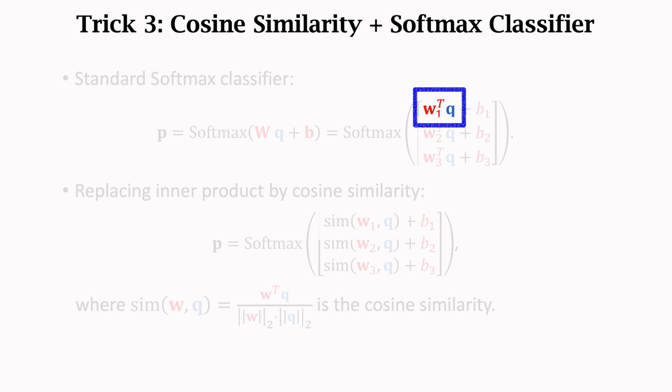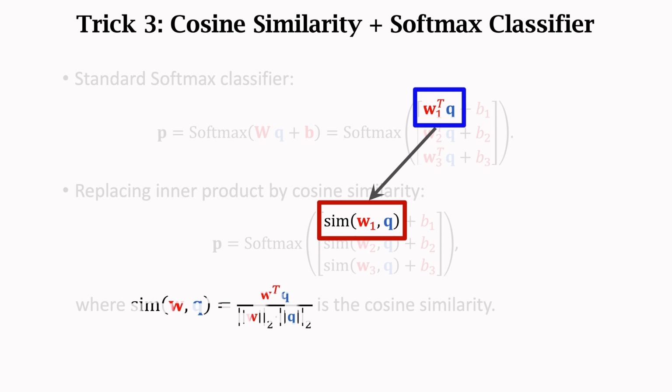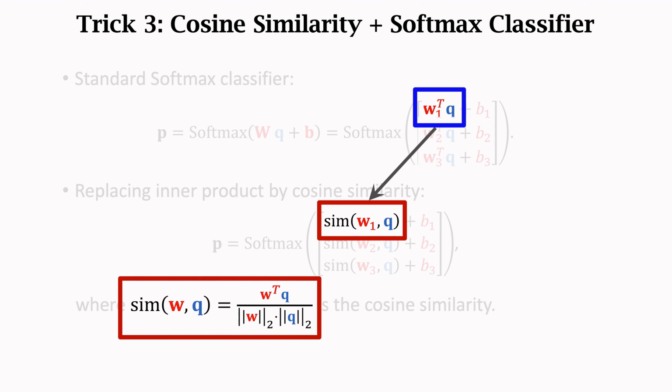We can replace the inner product of W and q by their cosine similarity. Cosine similarity is actually the inner product after normalization. We normalize W and q by dividing them by their L2 norms, respectively.